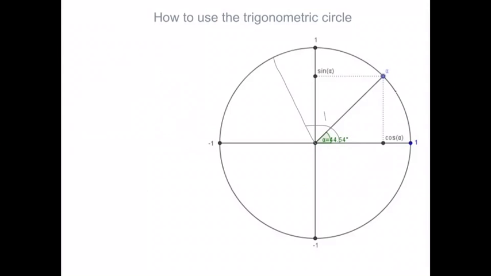Our point would be here, and so you could read the sine of 120 degrees here. You see it would be a positive value, somewhere between 1 and 0. And the cosine can be read right there. So here we'd have the cosine of 120 degrees. You see that this value is expected to be negative, somewhere between 0 and -1.